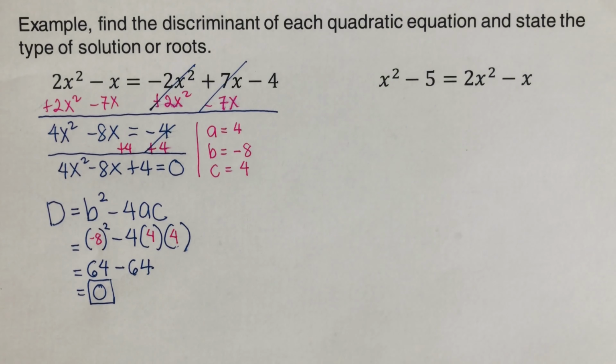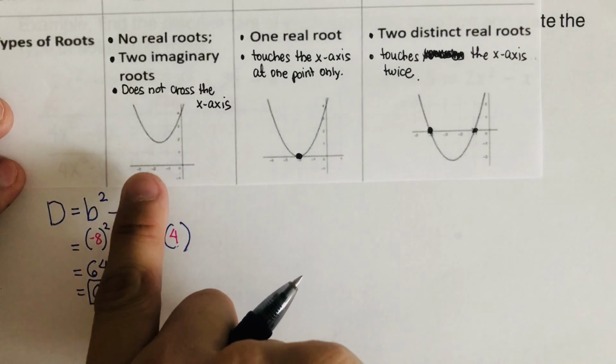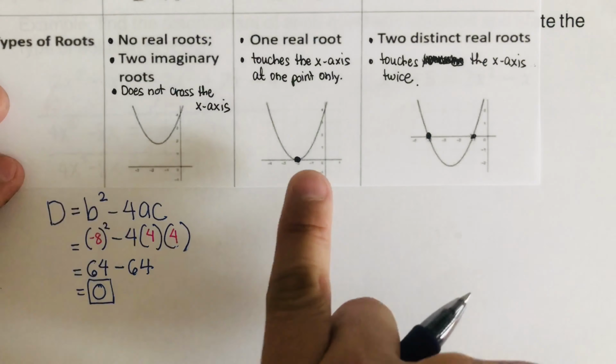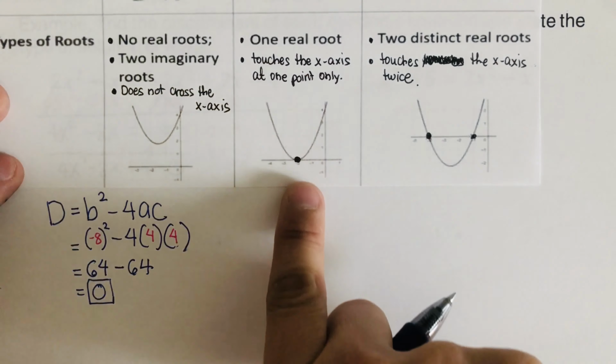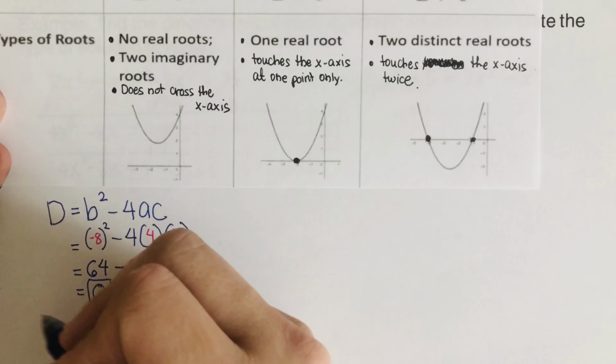So we go back to the rule that we have here. Since the discriminant is 0, it's going to fall within this. It's going to touch the x-axis one time only.